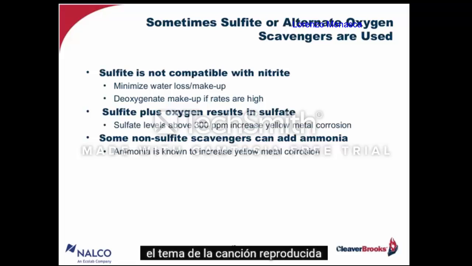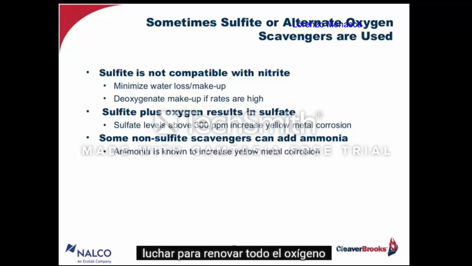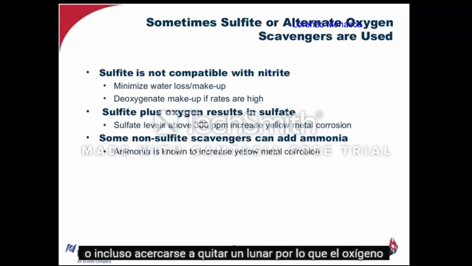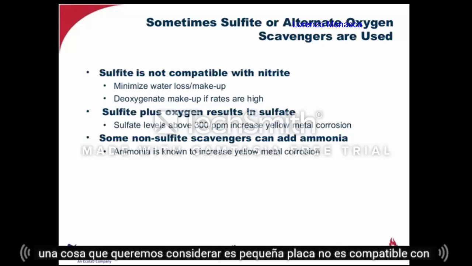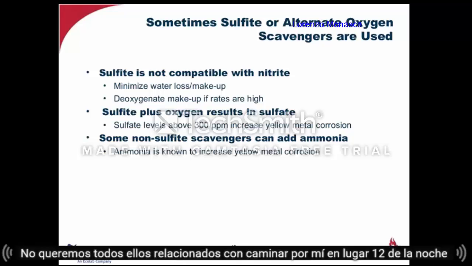Sometimes I see sulfite or those alternative scavengers that I referenced being fed into these hot water boiler systems. Unfortunately, it takes a lot of sulfite to remove all the oxygen, or to even get close to removing most of the oxygen if you're fully oxygenated. One thing we want to consider is that sulfite is not compatible with nitrite, so we don't want to overlay the two of them.